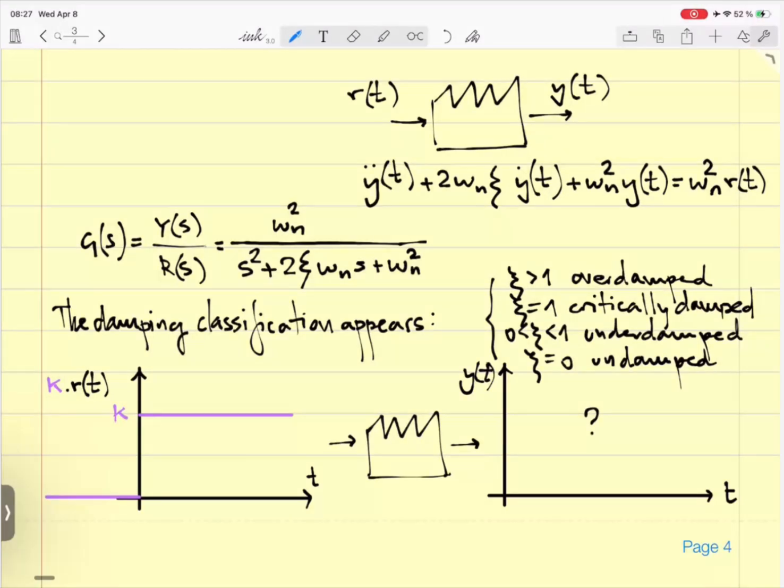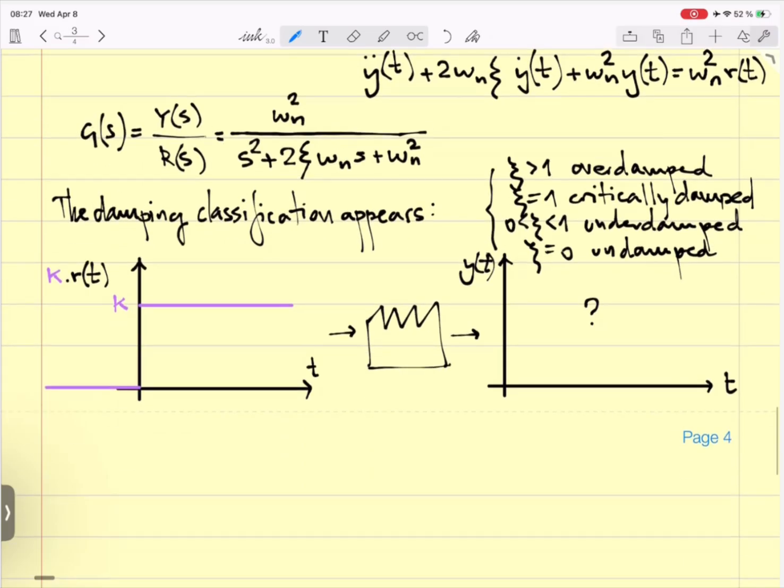Okay, so let's do it. We have that I of s equals r of s times w sub n square divided by s square plus 2 times xi w sub n s plus w sub n square.